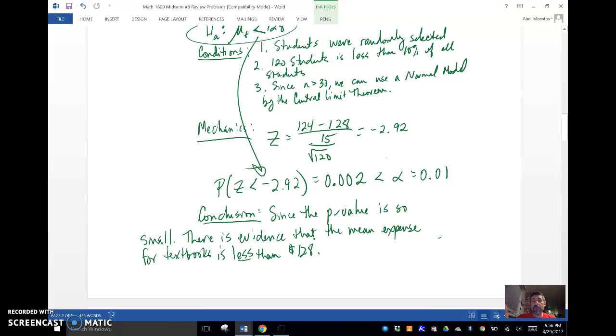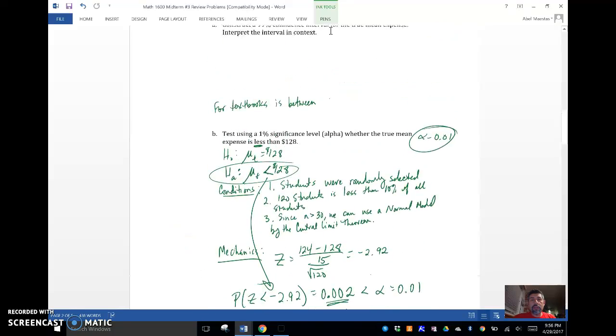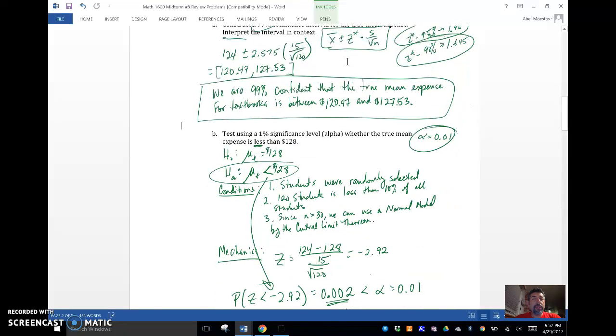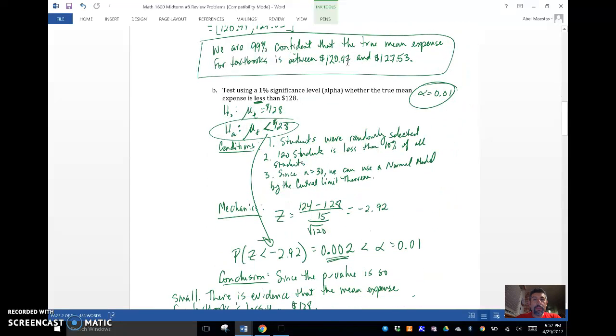Remember that the p-value, this value that we're finding, is the probability that we end up with a result like we did. So we end up with a sample of 120 students where the mean expense was $124 and standard deviation was 15. So the probability of that occurring, if the null hypothesis was true, if in fact it was just 128, the probability that we would see results like we just did is 0.002, which is 2 out of 1,000.